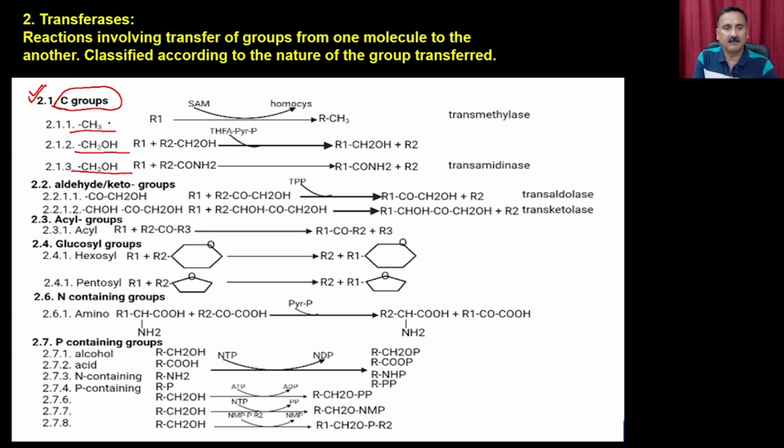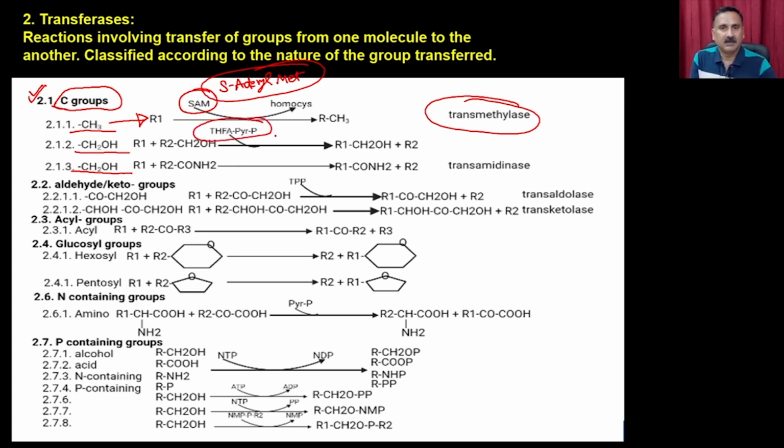In those cases where you have methyl, it is going to use S-adenosylmethionine as the cofactor, and that's how you have the methyltransferases. Similarly, you can have the hydroxymethyltransferases, where sometimes they use pyridoxal phosphate or tetrahydrofolate. And then we have the transaminases.